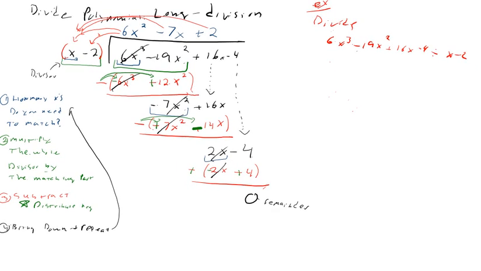So my answer to this problem, I get this top part up here. This is my answer. That's my equation that I divided and I got. The answer was 6x squared minus 7x plus 2, remainder 0.